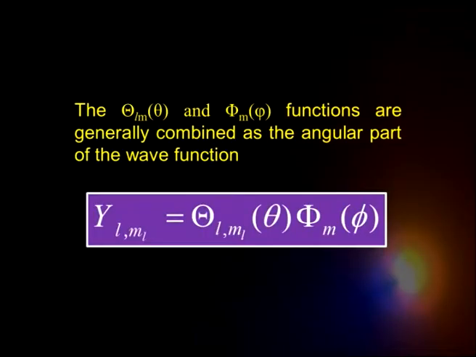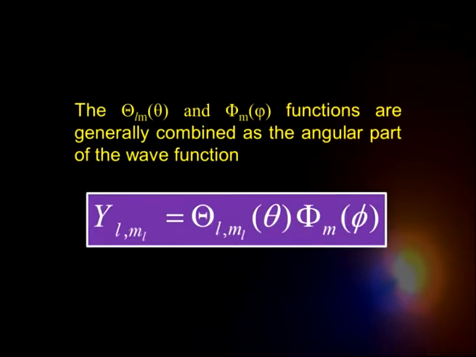We have a function of r, a function of theta, and a function of phi, and the product of the three is the total wave function. The angular component, that is, what depends on theta and what depends on phi, put together is called the angular component of the wave function, given by Y, the product of the theta wave functions and the phi wave functions.